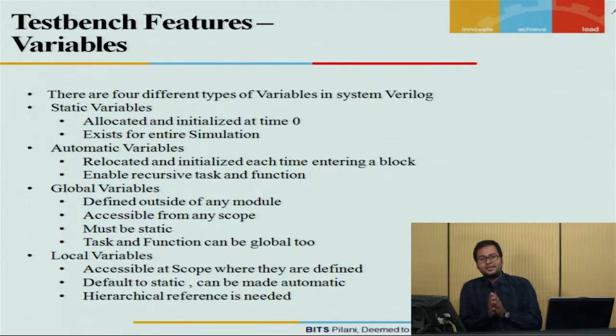Now, automatic variables are very important because they are reallocated and initialized each time they enter a block. For example, if you have a function with 4 different variables, and a design in which your particular module is instantiated 15 times, then each instantiation will have that function inside it.